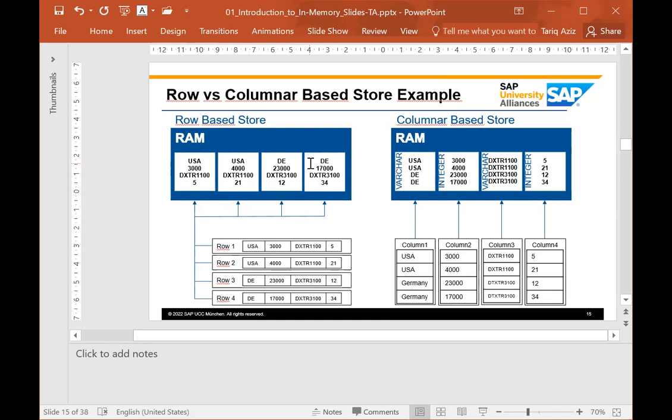So I am doing extra reads here. But in this case, if I need the country, I can just read this column. Only one column I'm reading. I'm ignoring everything else. So the reading is much faster. If I need to read a second column, like the price or something like that, that is also much faster. Just read one column.